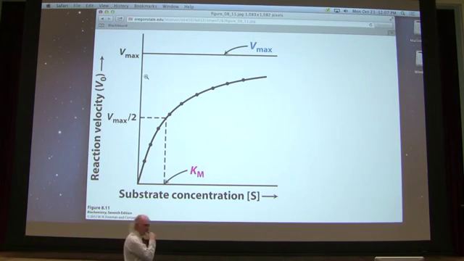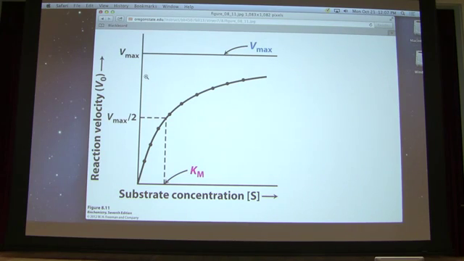Okay? Yes? So unless you're removing all the products, you're really not going to get to Vmax necessarily. So how do they measure that? Do they just extrapolate from the graph? Her question is, if you don't remove the products, would you even be able to get to Vmax? Okay, so if you don't remove the products, you're not going to get to Vmax, but that's why we measure initial velocity.